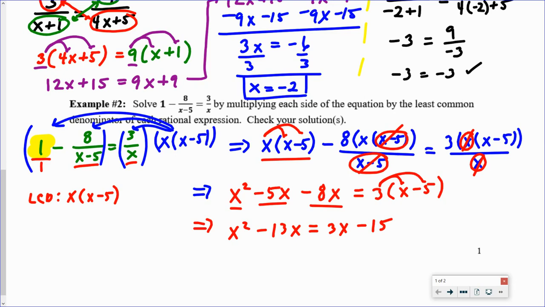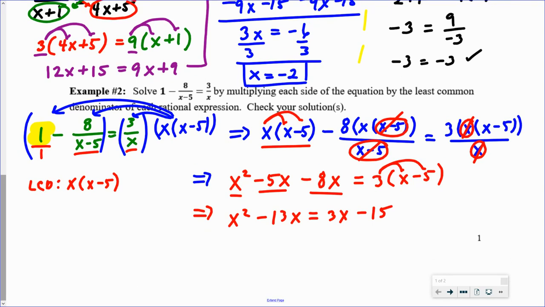And with quadratics, what we want to do is move all the terms to one side of the equation, set that equal to 0, and then see if we can factor or use the quadratic formula to solve. So let's move our terms over. X squared minus 13x. I'm going to subtract a 3x from both sides and add 15 to both sides.